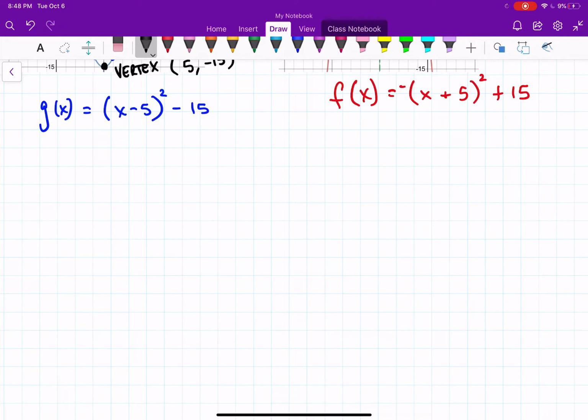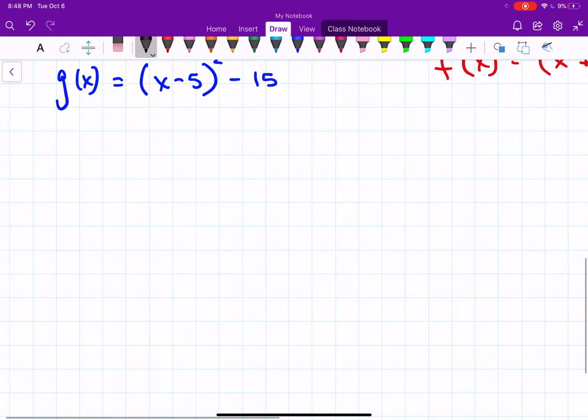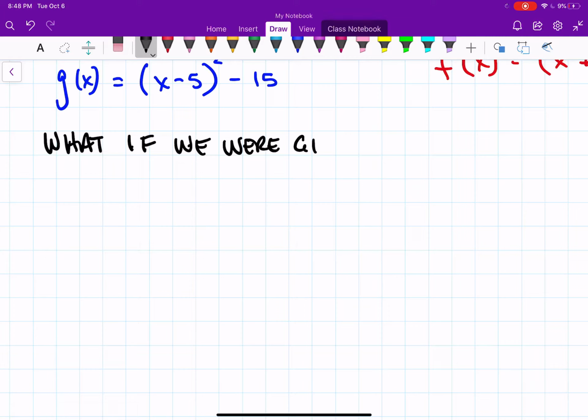So the question is, what if we were given a traditional quadratic equation? What if we were given f of x is equal to ax squared plus bx plus c.